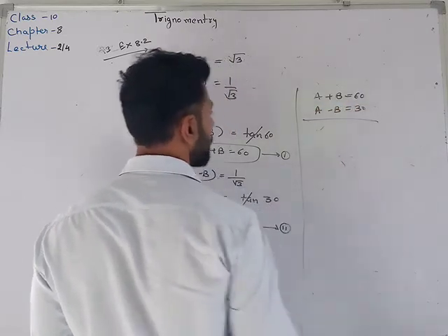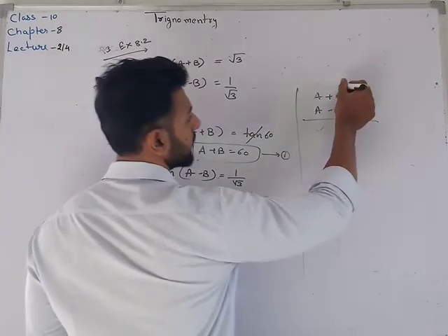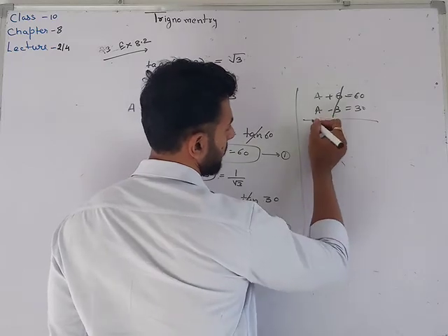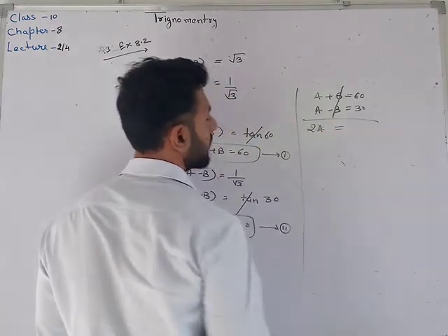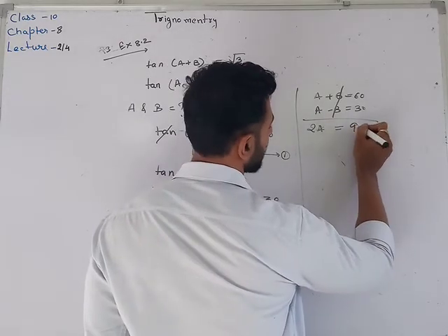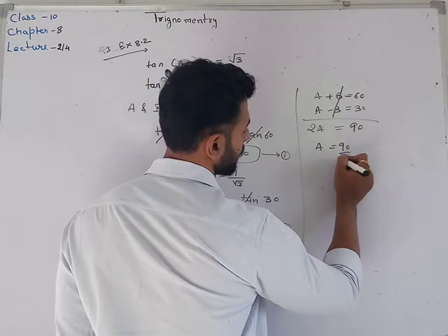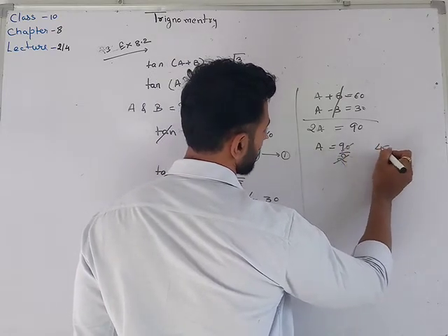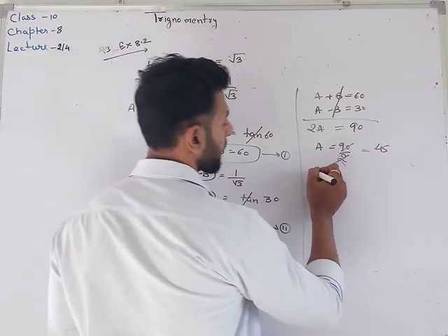Now solving the two equations by elimination method. This B will get cancelled out. A plus A will be 2A and 60 plus 30 will be 90. Taking 2 in the denominator, this will be 90 by 2, means 45 degree. So A is 45 degree.